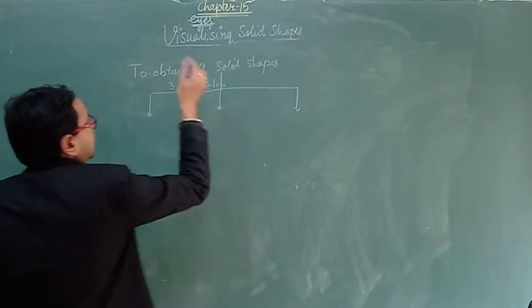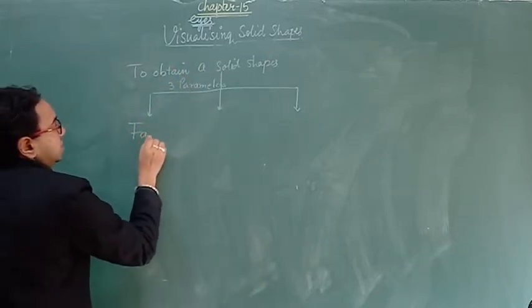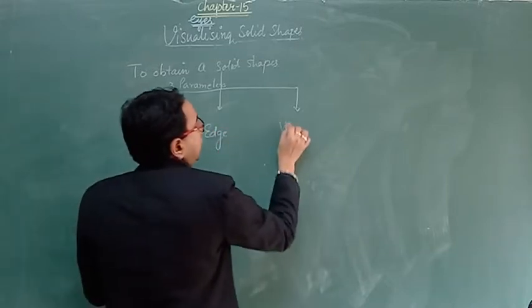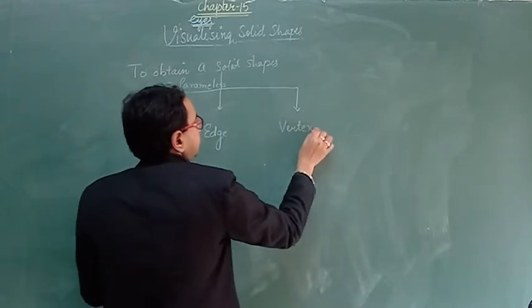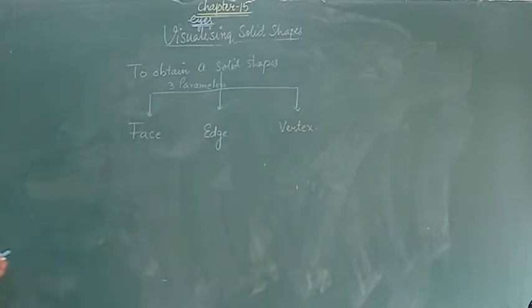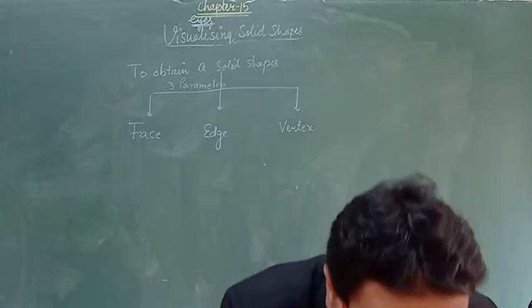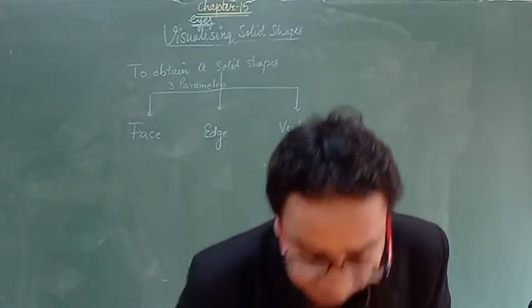What are those parameters? First is face, second is edge, third is vertex. Understand? Face, edge and vertex. Let's study the concepts of face, edge and vertex.